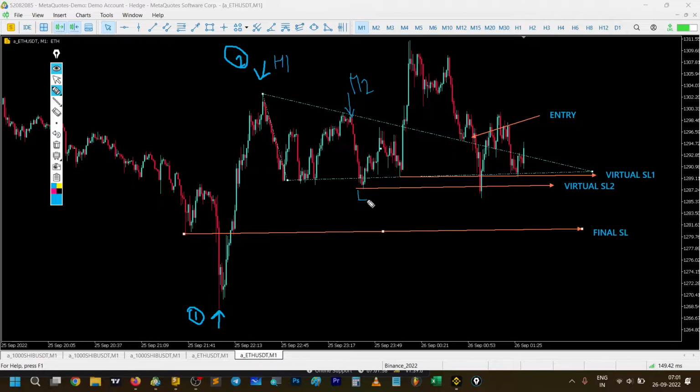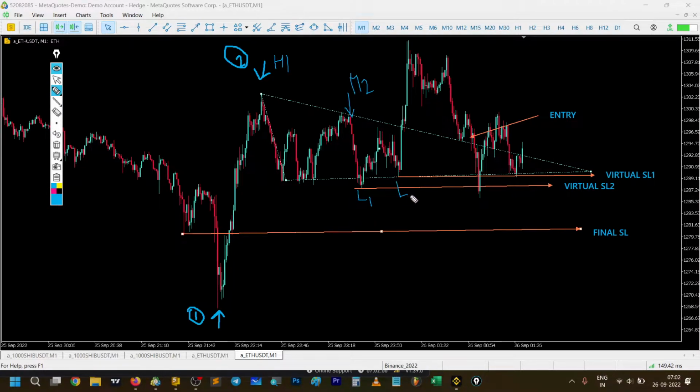This is l1, this is l2. So the third point is to find these h1, h2, l1, l2. Once you find this, the pattern is locked.